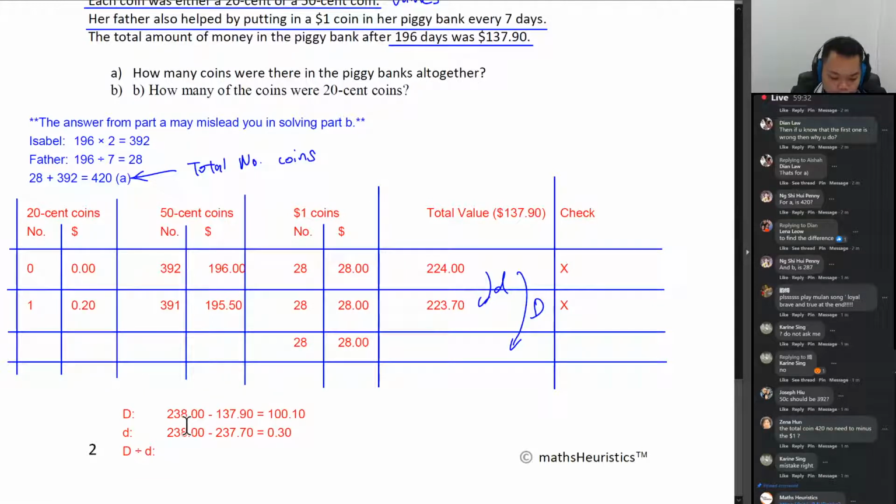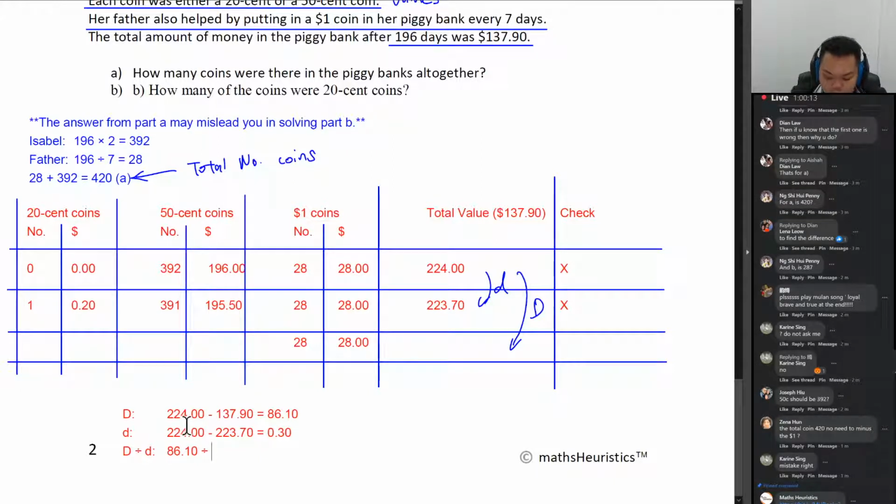So this would be 224.00 minus this amount, which is 6.10. 224.00 minus 223.70 to give you 0.30. So the big D divided by small d will be 86.10 divided by 0.30.